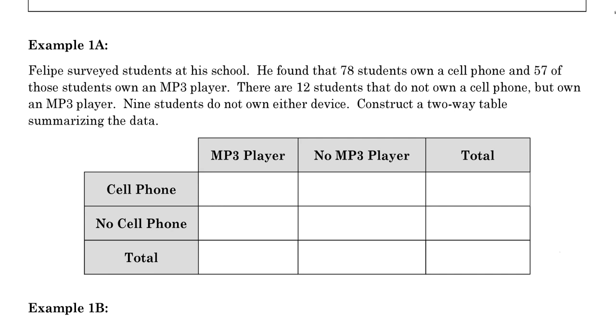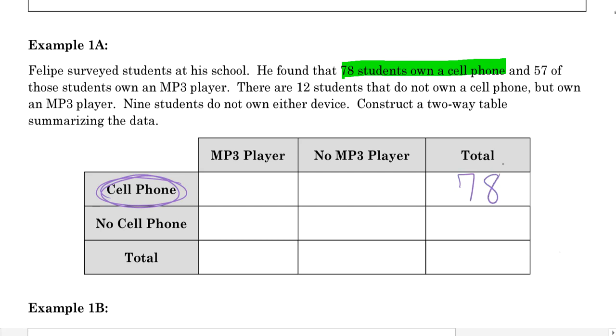So the first thing that I want to look at is what's the first piece of information that it gives me. The first thing that it tells me is that 78 students own a cell phone. So if I look at my table here, my row that includes cell phones is the first row, and that 78 does not distinguish between who owns an MP3 player and who doesn't own an MP3 player. It just tells me that 78 students own a cell phone.